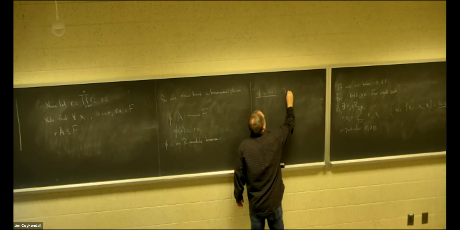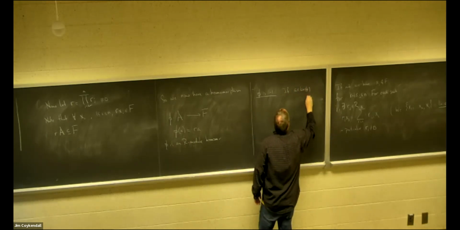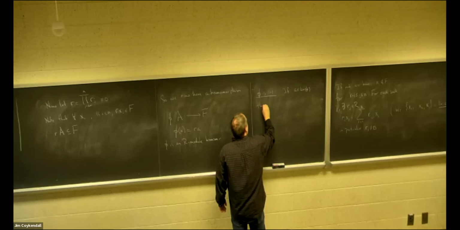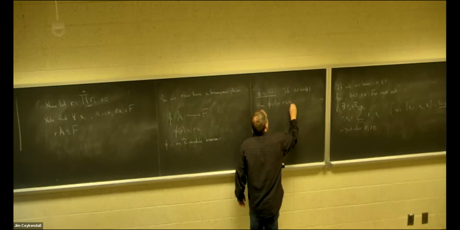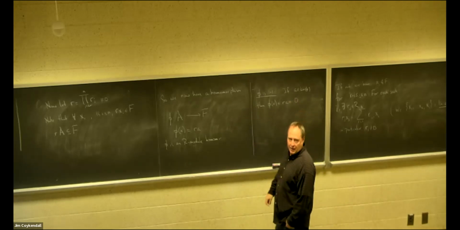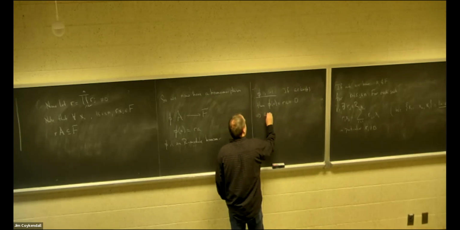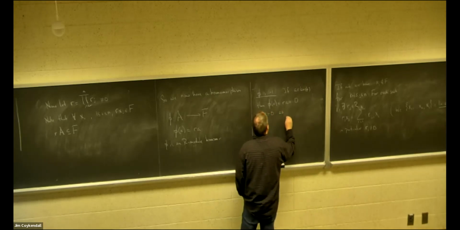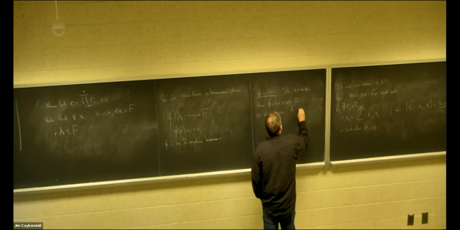Because if a is in the kernel of phi, then phi of a, which is r a, is equal to 0, which implies that a equals 0 as A is torsion free.